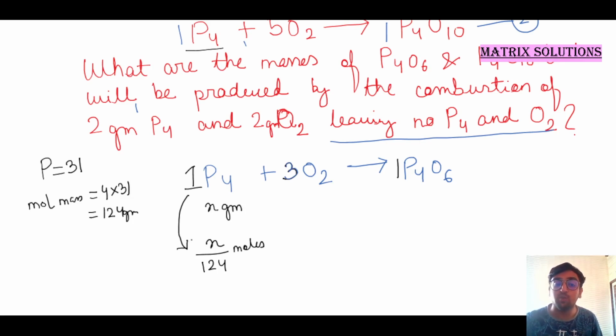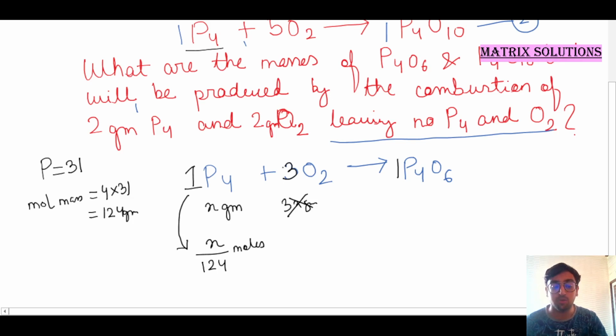Because we work with respect to moles, not grams. It means if it is x gram here, then it will not necessarily mean that it is 3x gram. It will not mean 3x gram, because it is a molar ratio. The amounts reacting are in mole amounts. So it is not 3x gram.